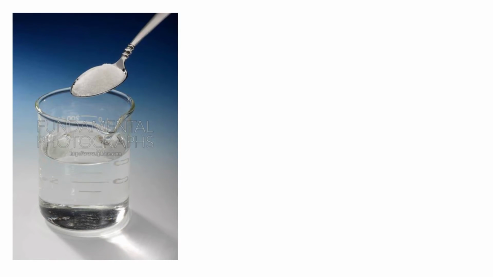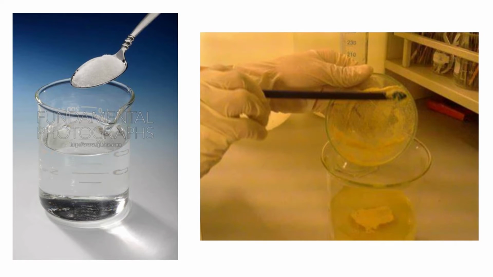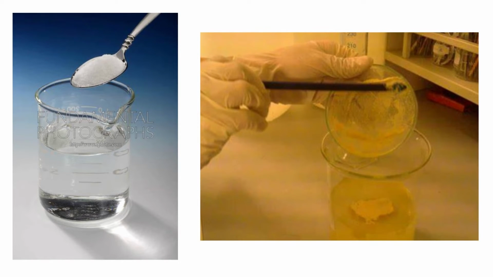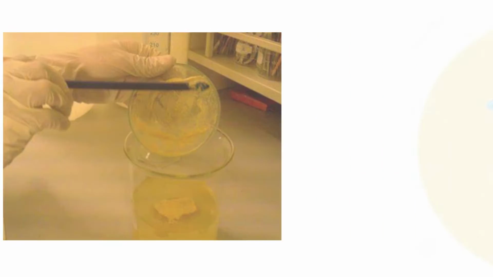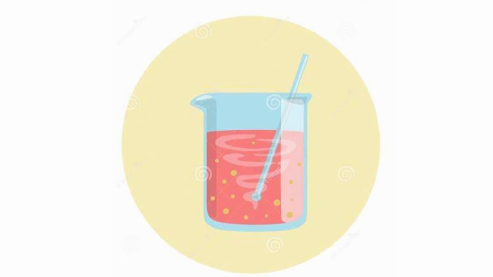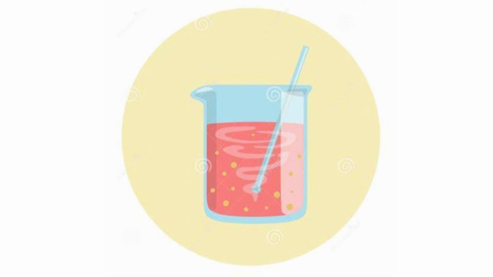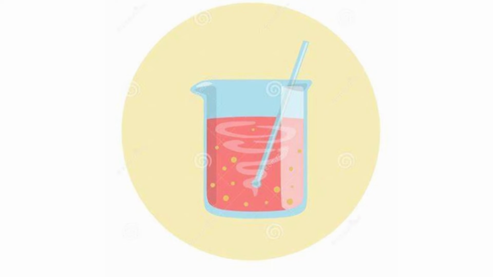Add a small amount, a spoonful, of sugar to the first glass, salt to the second, and similarly add small amounts of other substances in other glasses. Stir the contents of each of them with a spoon. Wait for a few minutes.